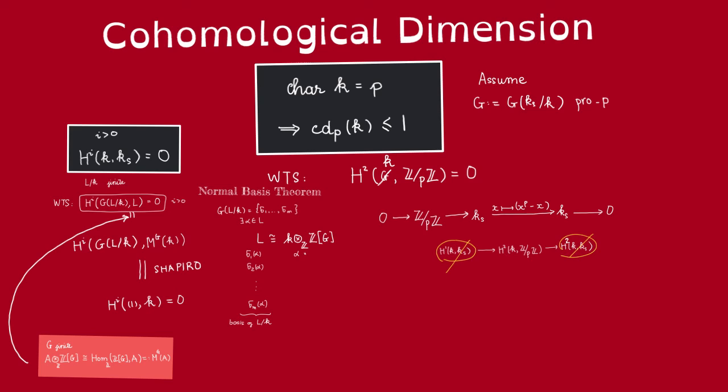But then we see that this gives an isomorphism between these as K-vector spaces. Now as a Galois module, this is isomorphic to the co-induced module by the following lemma.